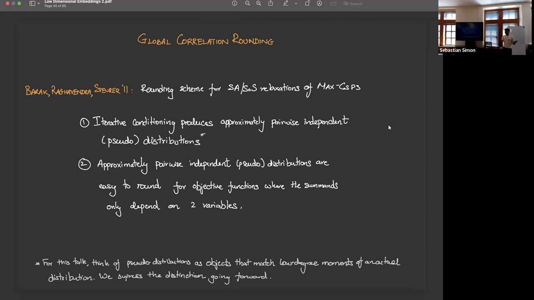If you were truly product, this would be perfect. If you combine these two things, it's saying either you can round really well because you have a pairwise independent distribution, or you can make it more pairwise independent by conditioning on the value of a variable. That's the English version of what this theorem does.